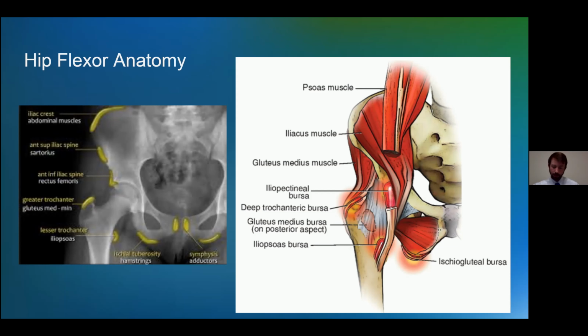They do assist to some extent with lateral flexion of the vertebral column, but mainly it's the big, powerful hip flexion motion. Of note, the iliopsoas bursa is the largest bursa in the human body, and should be basically invisible in a normal ultrasound scan. This was a nice highlighted x-ray that I was able to find of the bony landmarks that we mentioned in the pelvis, as well as the muscular attachments. So always good to review your anatomy of these.